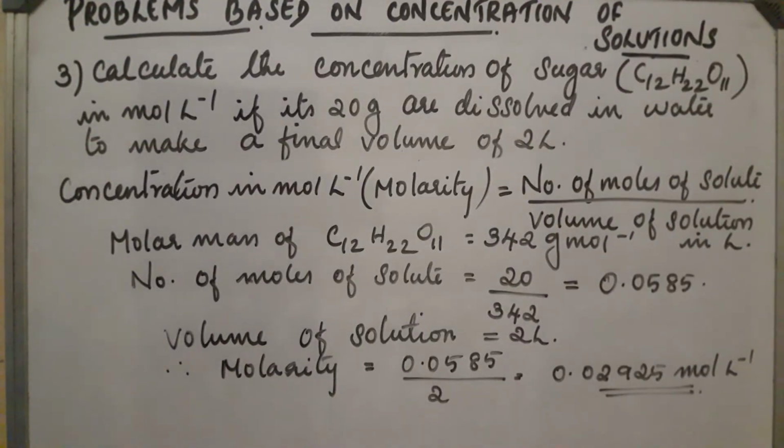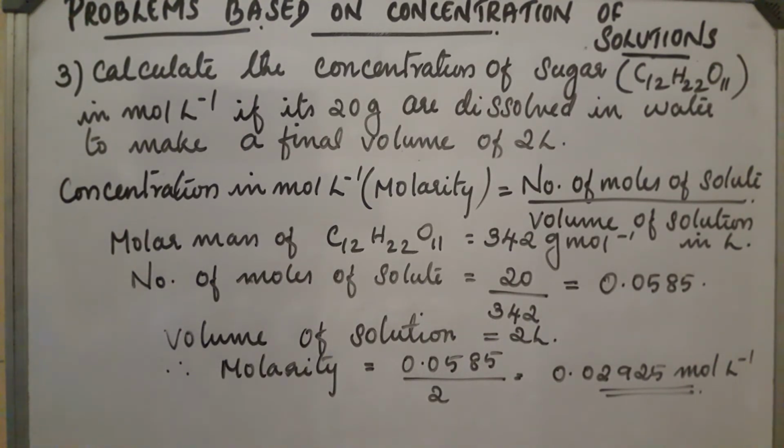Third problem: calculate the concentration of sugar, C12H22O11, in mole liter inverse if 20 gram is dissolved in water to make a final volume of 2 liter.